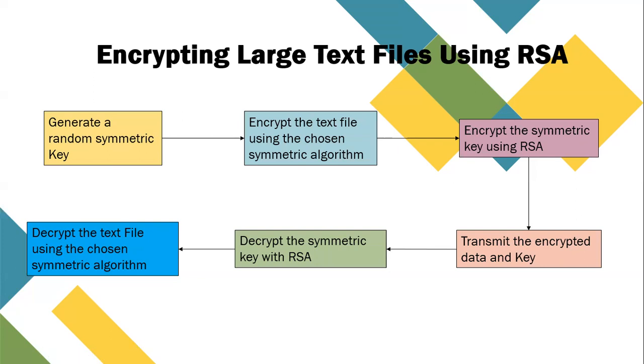So we'll choose a symmetric algorithm. Let's say we choose AES, which stands for Advanced Encryption Standard. We'll use that algorithm for encrypting the text file, and we'll be using the symmetric key for encrypting it.